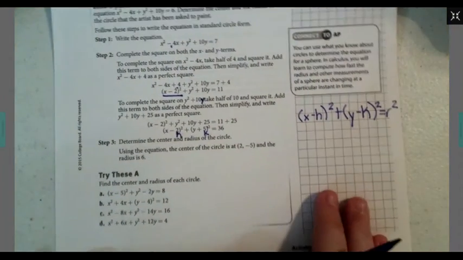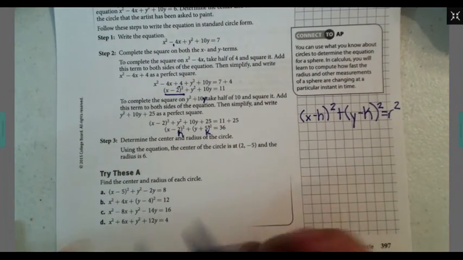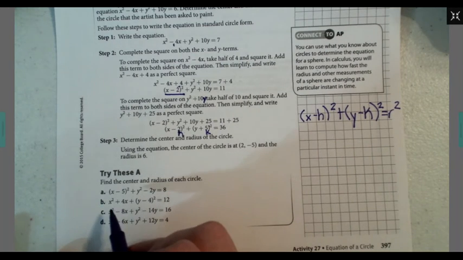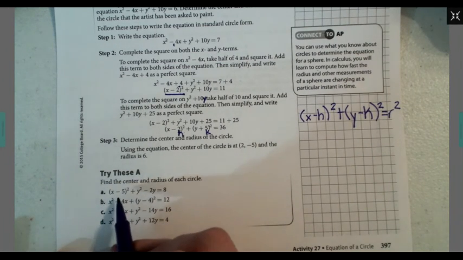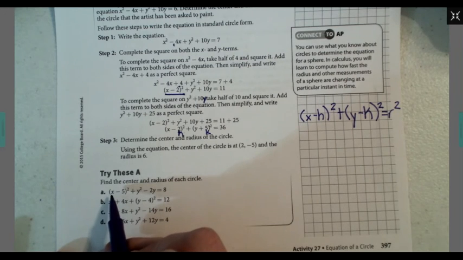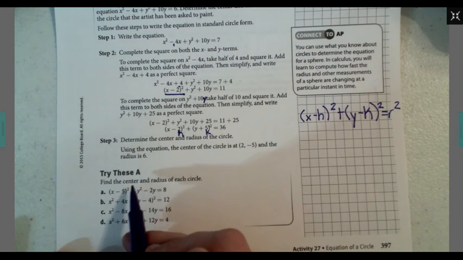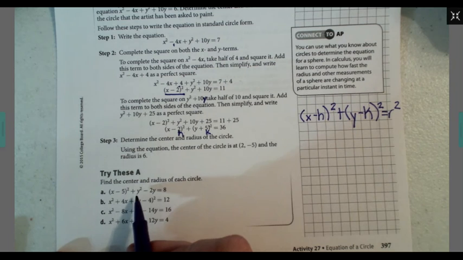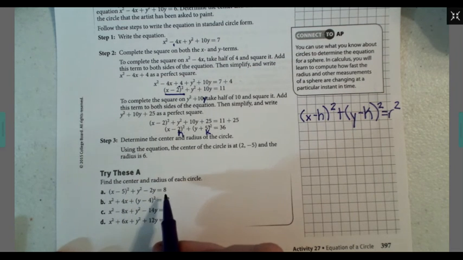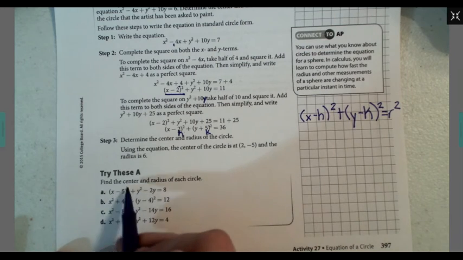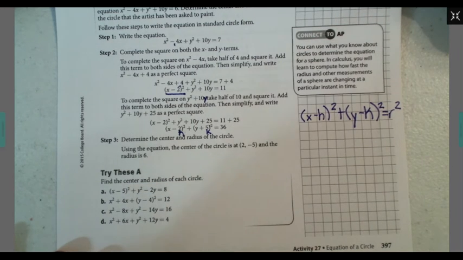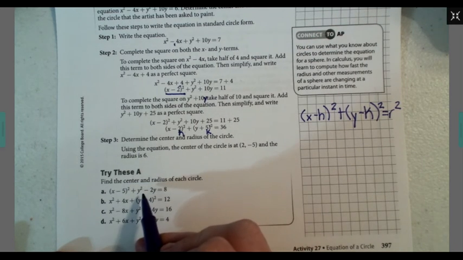Let's take a look at the try these. Here's our first example, A. x minus 5 squared plus y squared minus 2y equals 8. Do I need to worry about my x term? No. Do I need to worry about my y term?